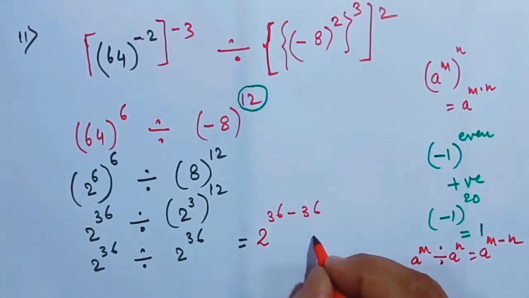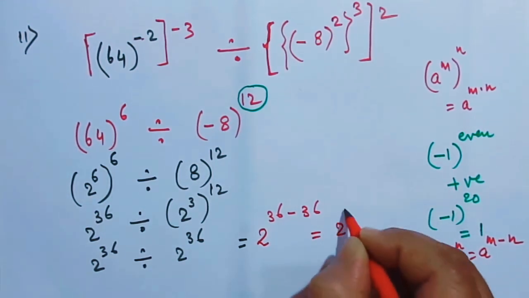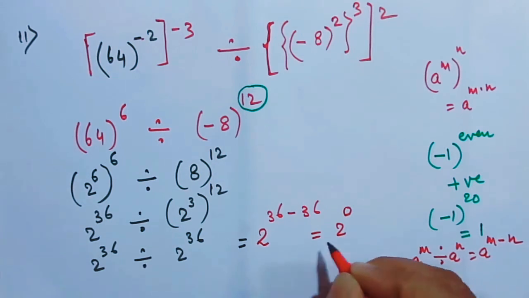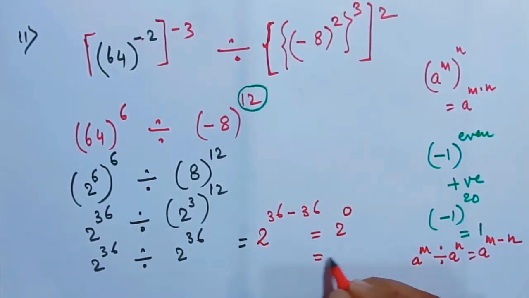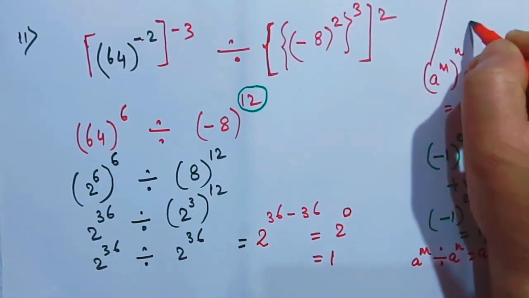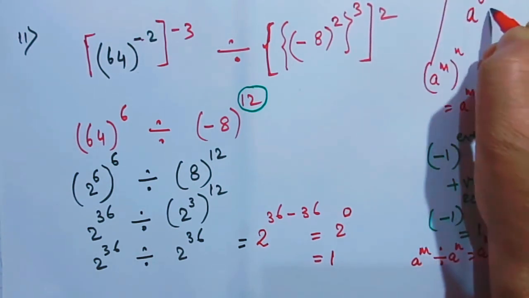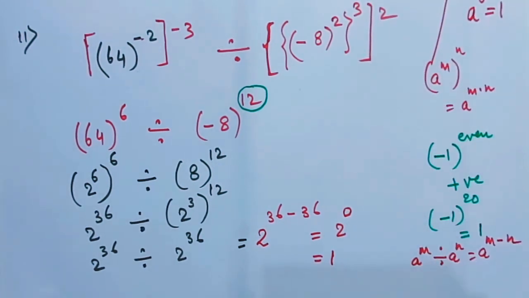This will give you 2 to the power 0. When this is equal to 2 to the power 0, its value will become 1, because any number raised to the power 0 is equal to 1. I hope this was loud and clear.